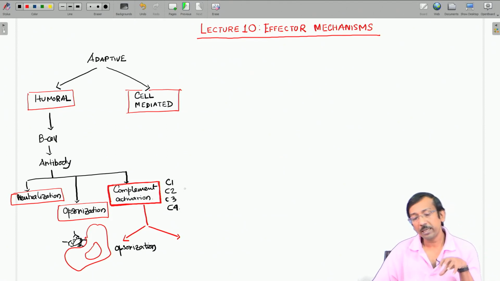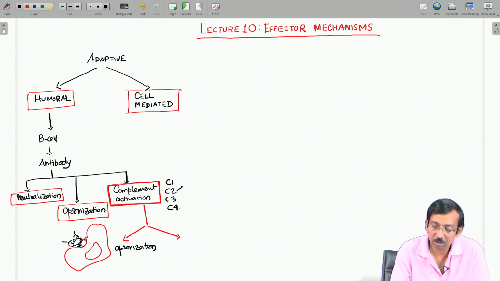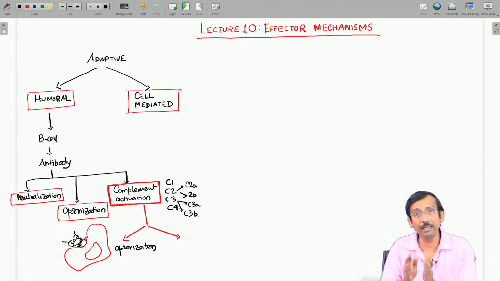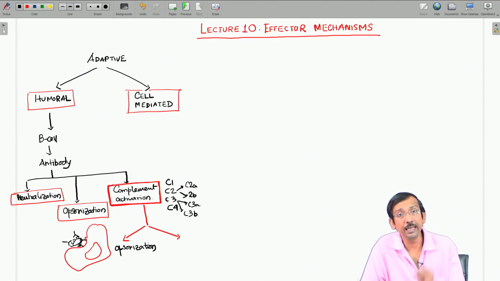If C2 is cleaved, it can form C2A and C2B. Like this, C3 can be cleaved into C3A and C3B. These cleavages occur, and the complement proteins get cleaved into smaller proteins or peptides, and these actually assist in the process of killing of the cells.